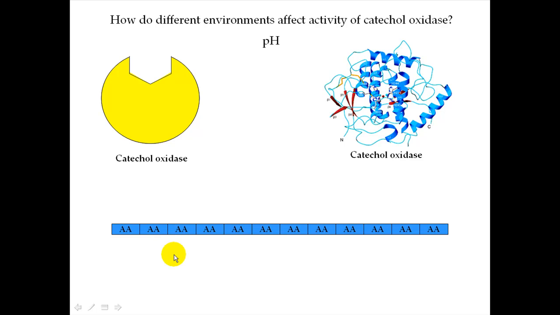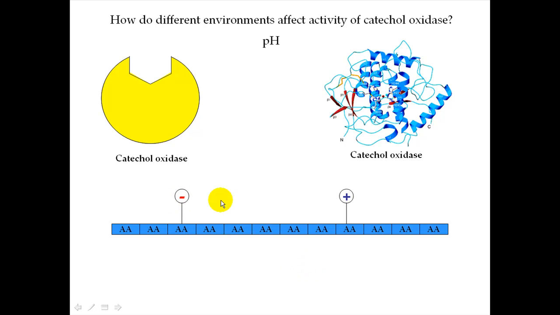So for example, some amino acids, like you saw in class and in lab, have an R group that happens to have a negative charge on it, while other amino acids have an R group that happens to have a positive charge on it. Keep in mind that all of these amino acids in the string have some sort of R group on them, but we're just going to focus on this one and this one to keep things simple.